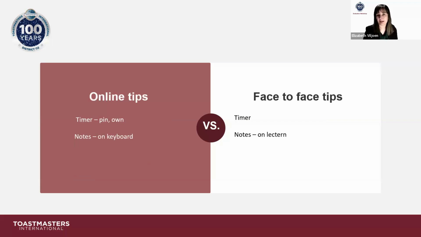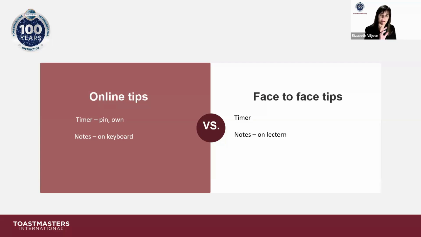So there are a few tips that you can give beforehand, or you can evaluate it afterwards. When you are doing an online speech, you have to know where the timer is. So as an evaluator, you can tell the speaker beforehand, remember to pin the timekeeper, or have your own timer next to the computer.